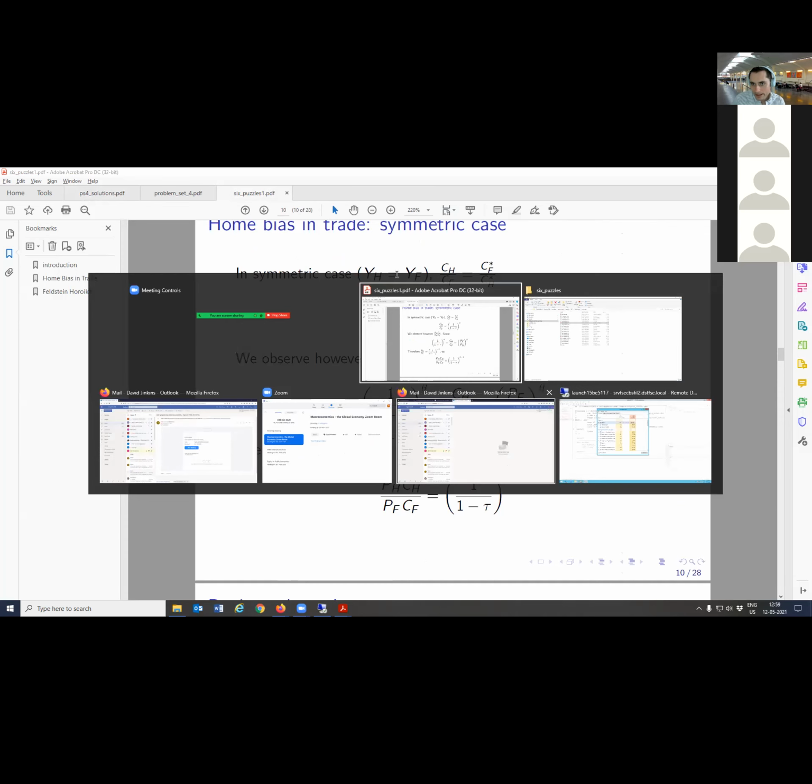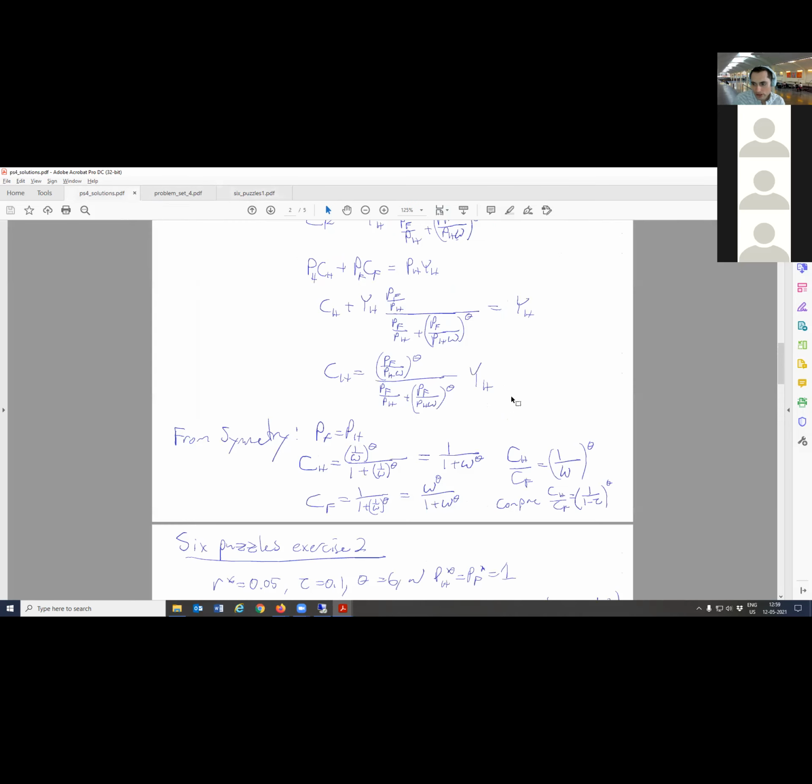Now check out my expression in the solutions. We've got 1 divided by omega to the power theta, and omega is some number that's less than 1. 1 minus tau is some number that's less than 1. So this analogy is fairly tight here. So that's that.